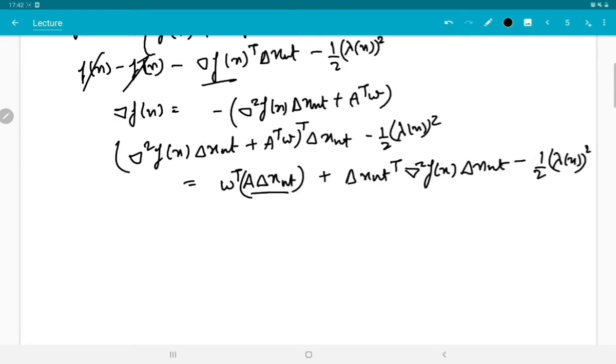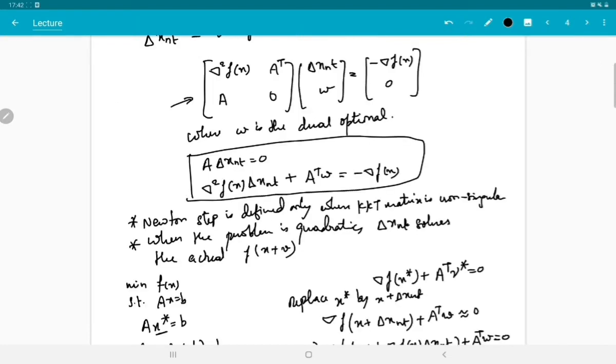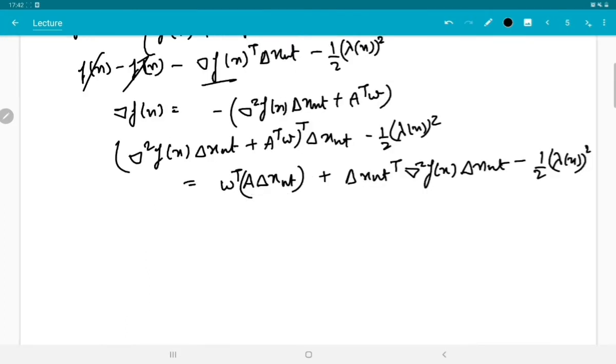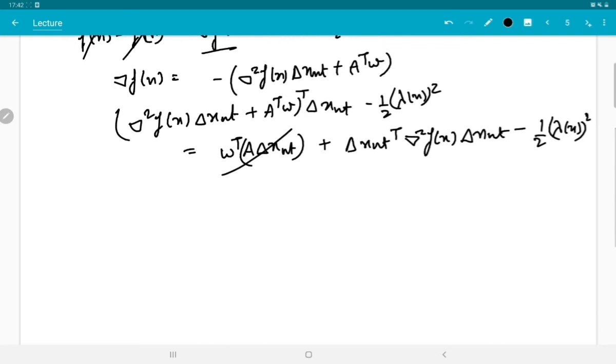Now A delta x in t is 0 by our second condition, so this term goes away, and what we are left with is lambda x square over 2.